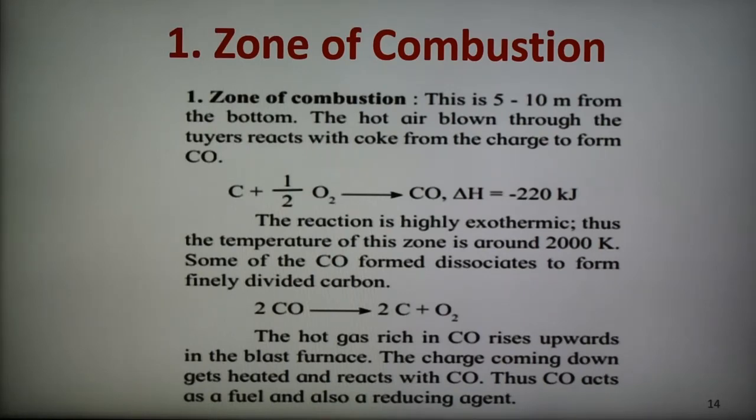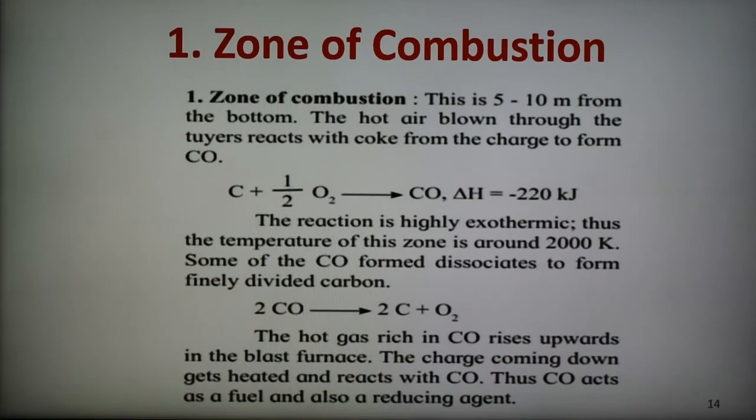So this is the first zone, where carbon is converted into carbon monoxide, 10 meters from the bottom of the blast furnace, and the temperature here is around 2000 Kelvin.